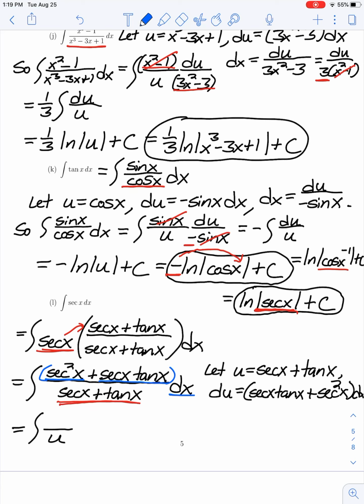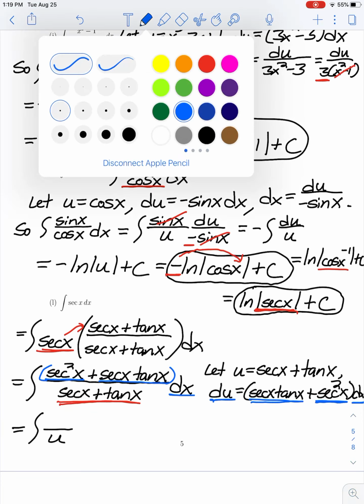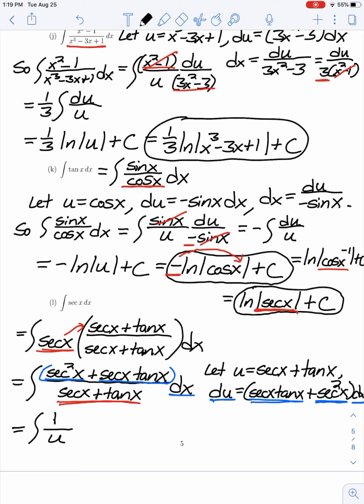Now where else does that appear? Well, we have it right here, secant squared x plus secant x tangent x all times dx. This is just equal to du. So our entire numerator simply reduces to du, and now the antiderivative of 1 over u du is simply the natural log of absolute value u plus c.